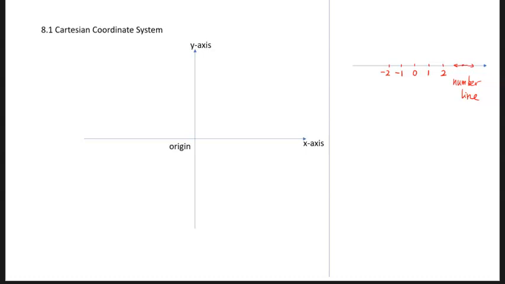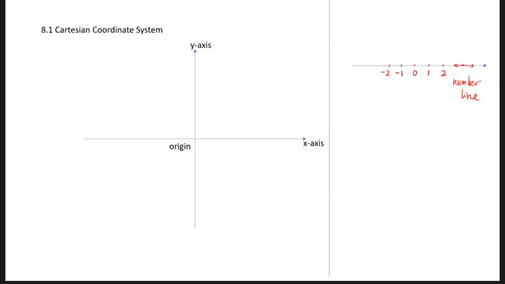For most of us, we live on the ground, on the surface, and so we can use two-dimensional space to describe our movement. So as you can see here, we're going to draw another vertical line which intersects with the horizontal number line. So now we have not only left and right, but also up and down.